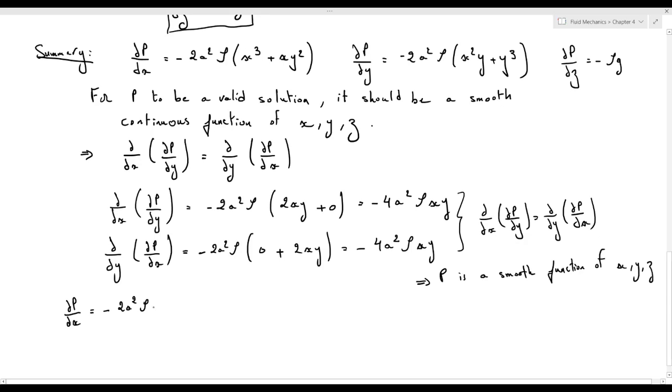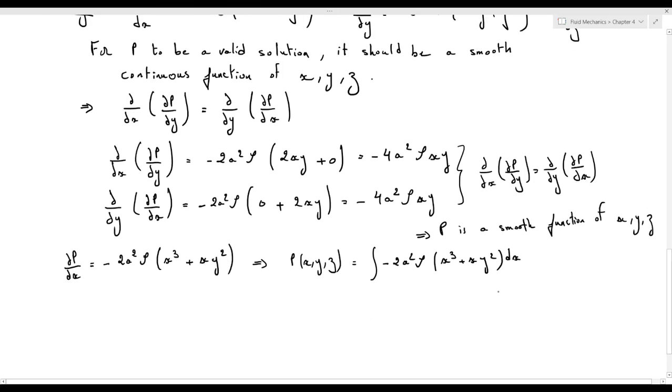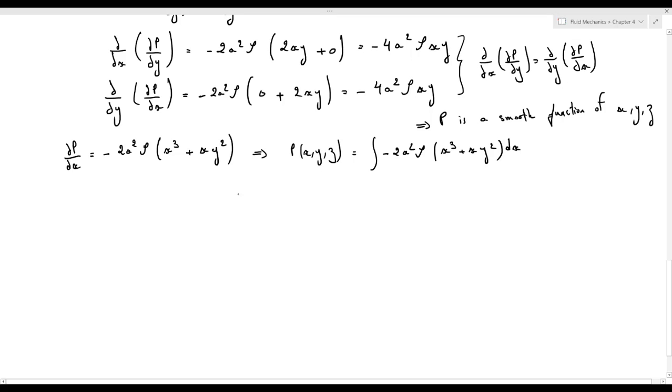So if we start with the partial derivative of p with respect to x, which is equal to minus 2a² ρ (x³ + xy²), then we partially integrate with respect to x: the integral of minus 2a² ρ (x³ + xy²) dx.